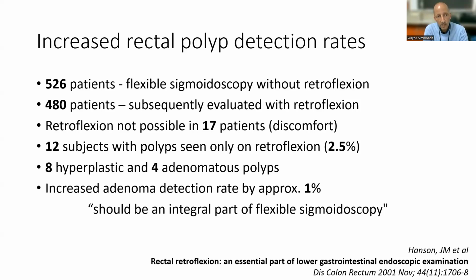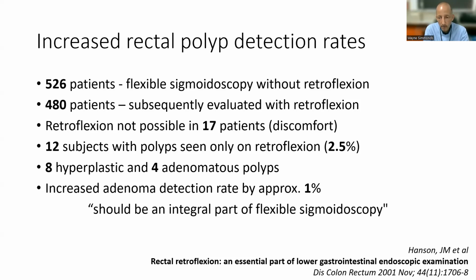The patients that got retroflexion were 480, and 17 of those patients that did not have retroflexion was due to discomfort. 12 patients with polyps were seen only on retroflexion, and that was 2.5% of the total. Of these 12, 8 were hyperplastic, 4 adenomatous. Importantly, there were no neoplastic lesions discovered only on retroflexion. And they felt that they increased their adenoma detection rate by approximately 1% by doing rectal retroflexion. So their closing comment was that this should be an integral part of flexible sigmoidoscopy.